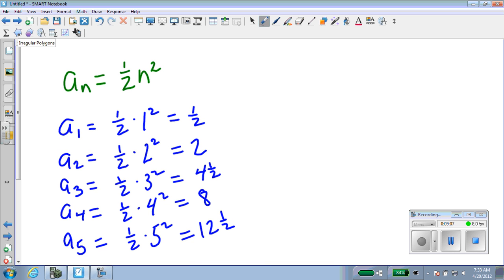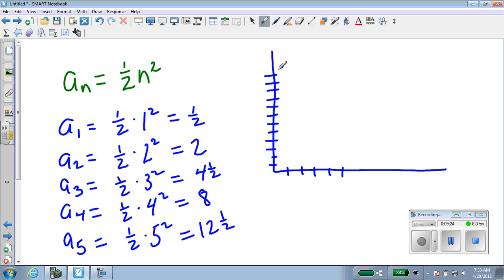Let's try this one. Terms. So the first term is 1/2, and the second term is 2, and the third term is 4.5, and the fourth term is 8, and the fifth term is 12.5.